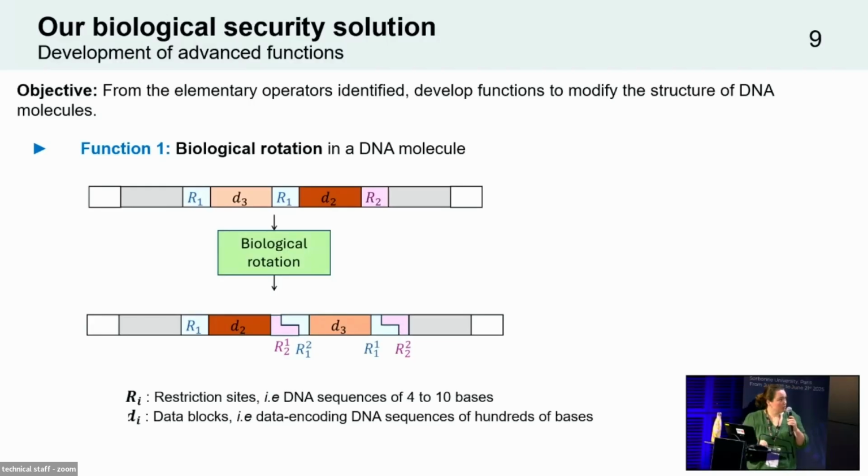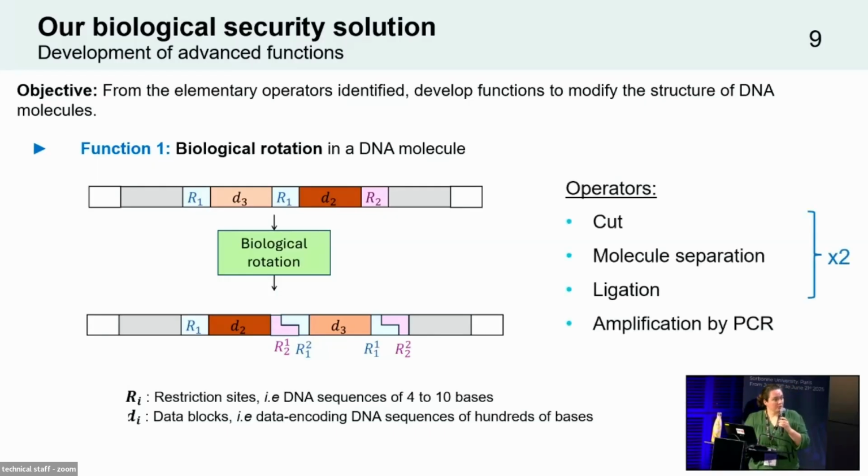This biological rotation takes as input a double-stranded DNA molecule and exchanges the positions of 2 data blocks, here D3 and D2. So a data block is a data encoding DNA sequence of hundreds of bases. And to do this rotation, we used several operators, cutting, separating molecules, ligations, and PCR amplifications. More precisely, we used 2 cycles of these operators.